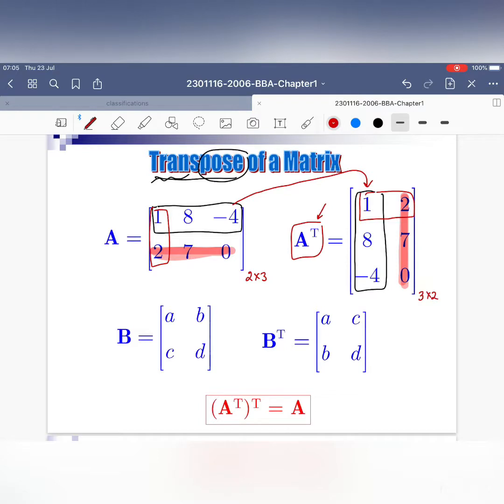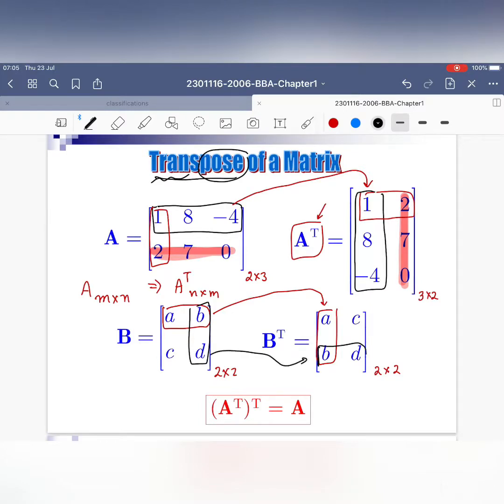If your A is an M by N matrix, then your A transpose is an N by M matrix. If it is a square matrix, then the size doesn't change, but of course the positions change. For example, this row becomes a column of B transpose, and this column becomes a row of B transpose.